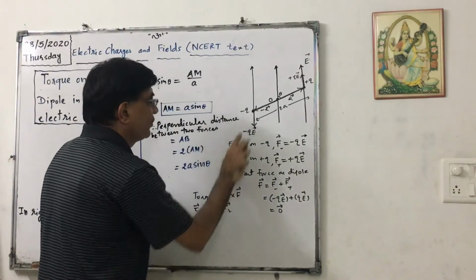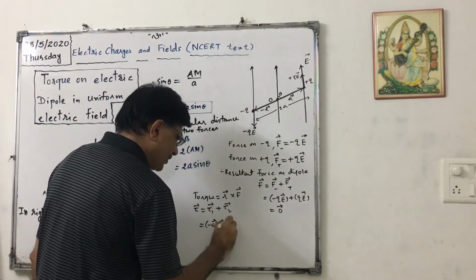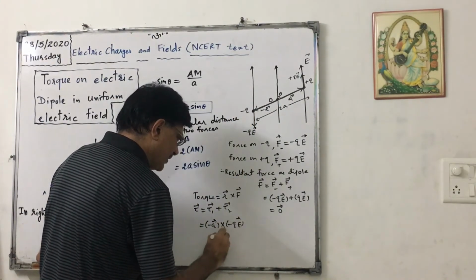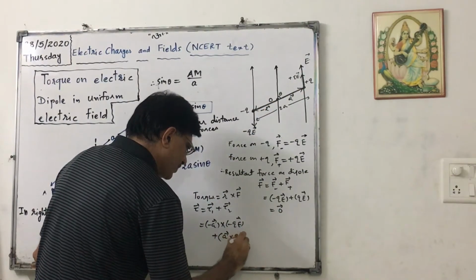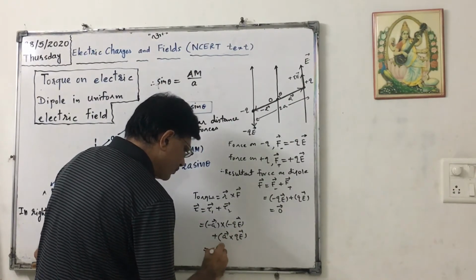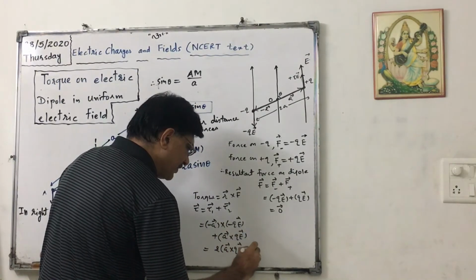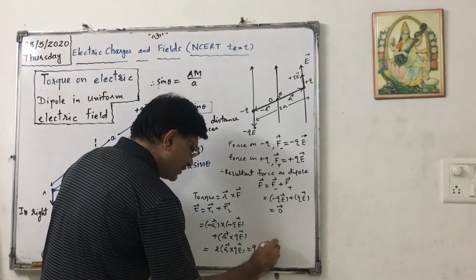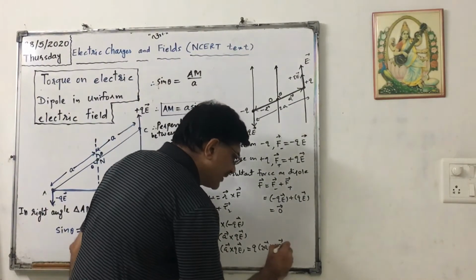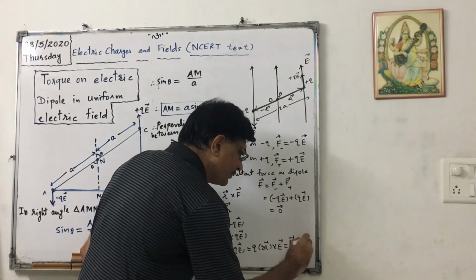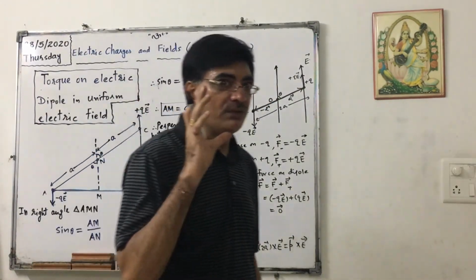So torque for minus q, r equals to minus a cross minus qE, plus for plus q, r equals to vector a cross qE. So that will be equal to 2 times a cross qE, because minus minus becomes plus. Can be written as q into 2a cross E. But we know that q into 2a is electric dipole moment. So can be written as P cross E.